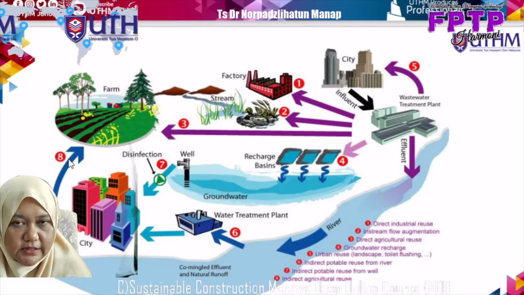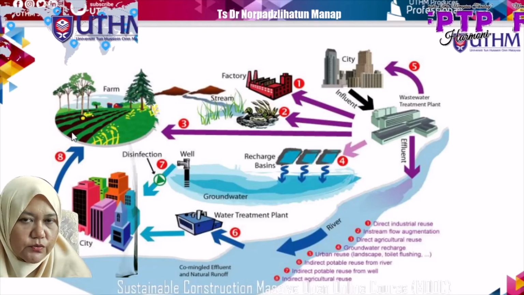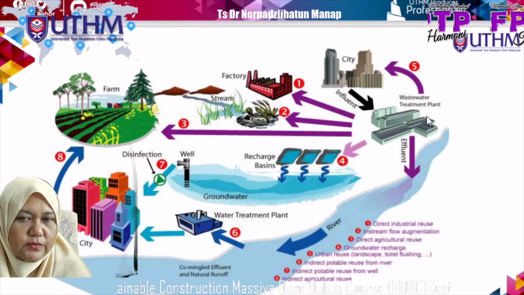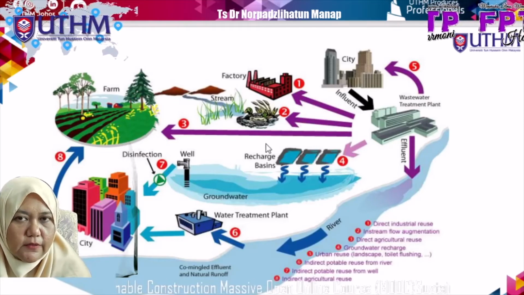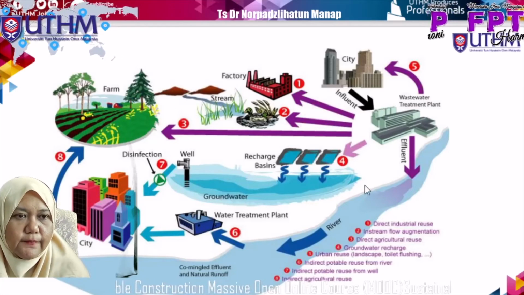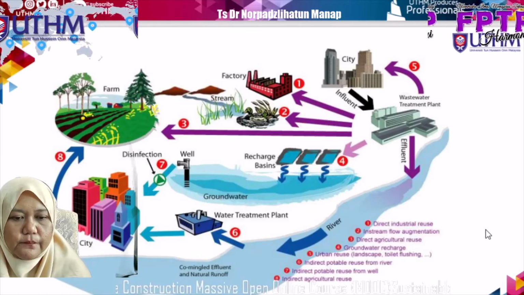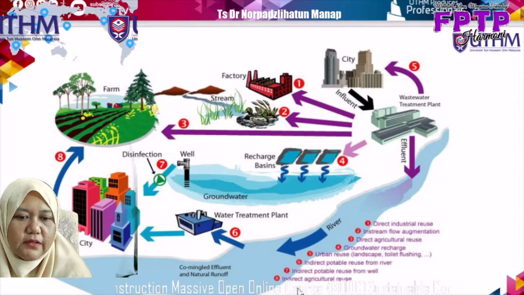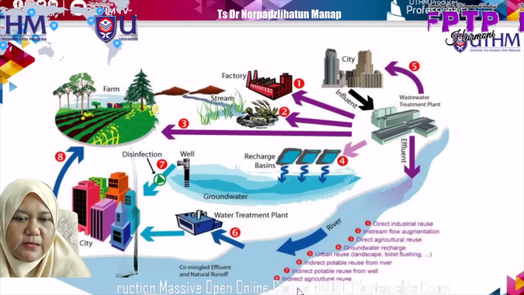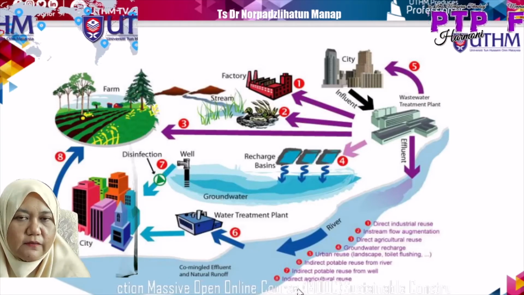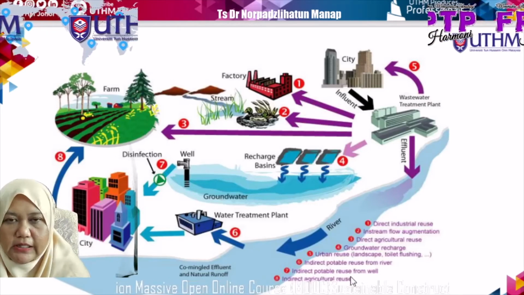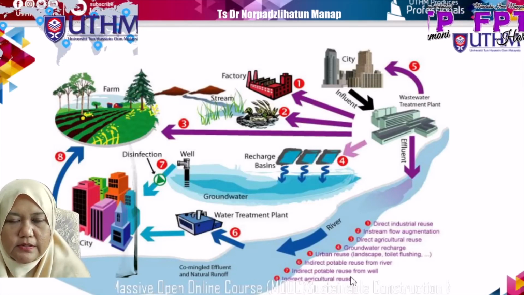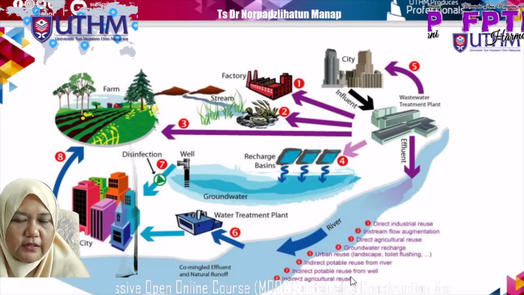But in this case, we can also use recycled water that comes from the wastewater treatment plant for irrigation purposes. So those are the 8 reuses of water that you can think of while doing your sustainable construction project.